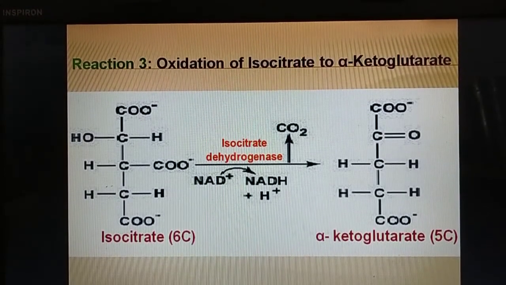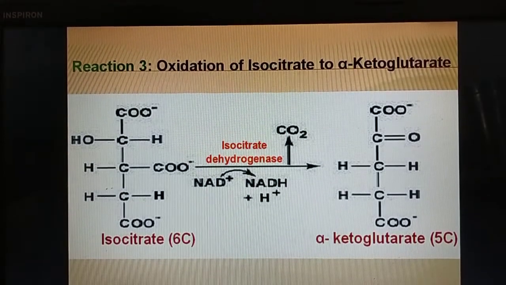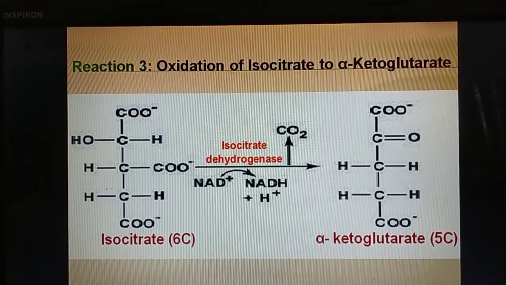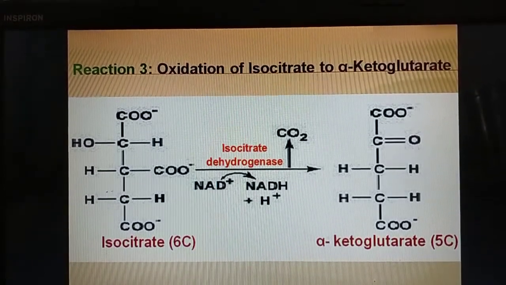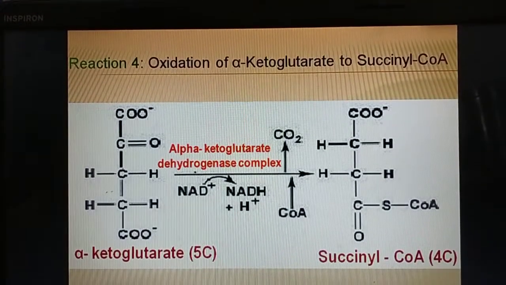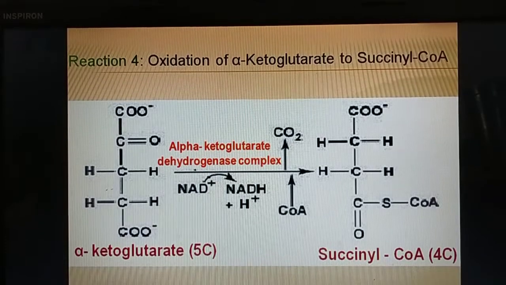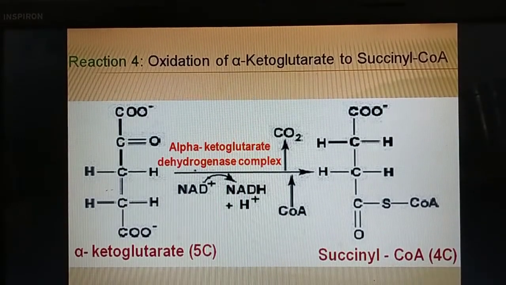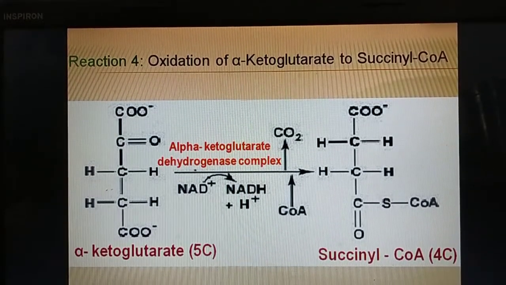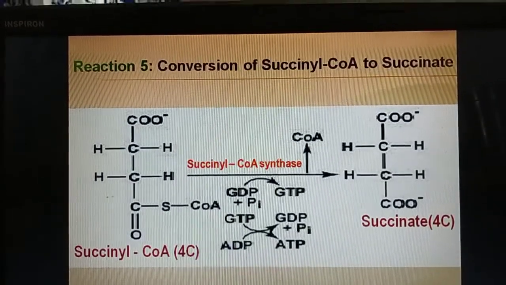In reaction number 3, isocitric acid is converted into the 5 carbon compound alpha ketoglutaric acid, liberating 1 molecule of carbon dioxide and 1 molecule of NADH2 in the presence of isocitrate dehydrogenase. In reaction number 4, oxidation of the 5 carbon compound alpha ketoglutaric acid to the 4 carbon compound succinyl coenzyme A in the presence of the alpha ketoglutarate dehydrogenase complex, also liberating one molecule of NADH2.